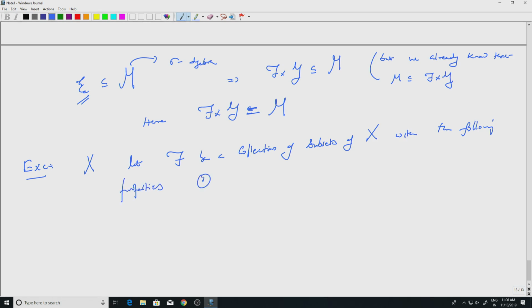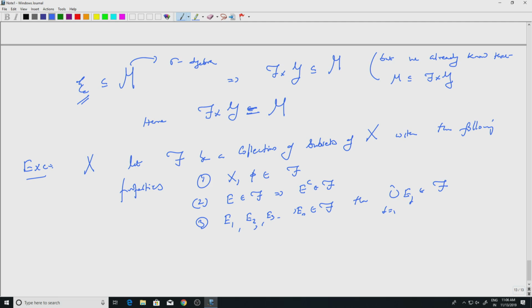One, the whole space and the empty set are in script F. Two, closed under complementation, E complement is also in F. Three, finite unions are there. So if E1, E2, E3 etc. En are in F, then union Ej, j equal to 1 to n, is also in script F. I am not taking infinite union.